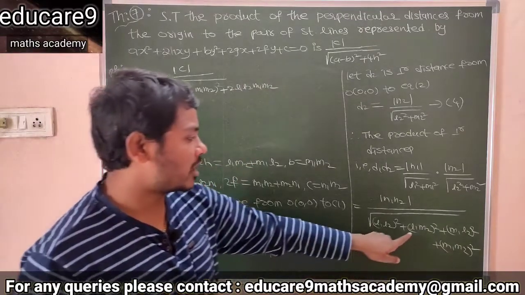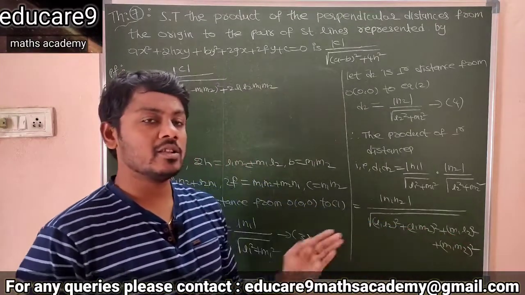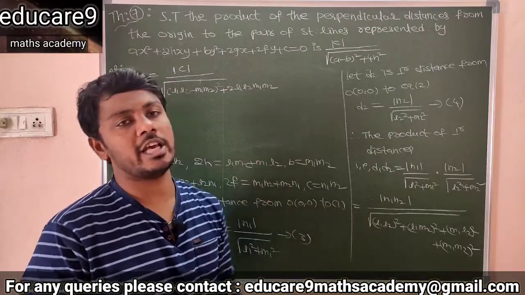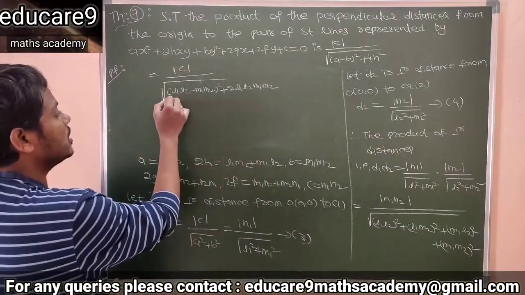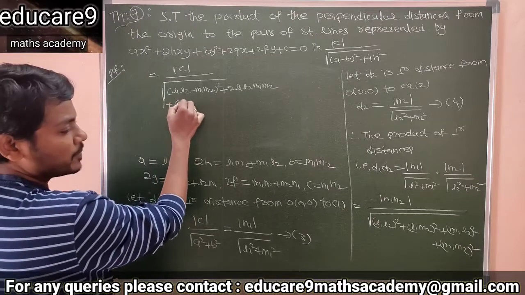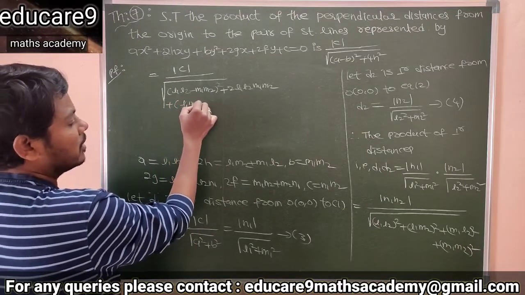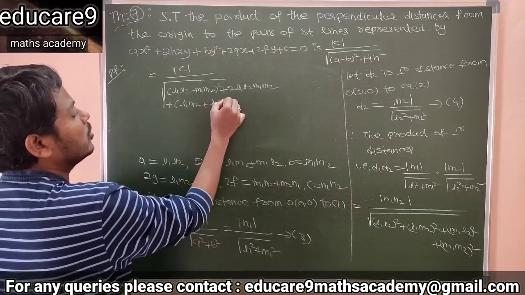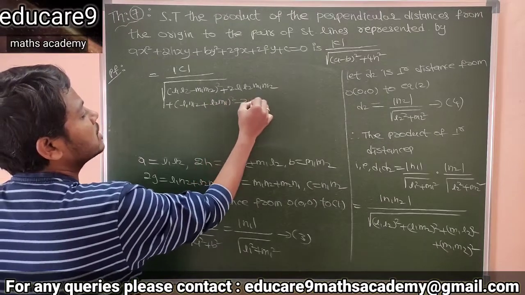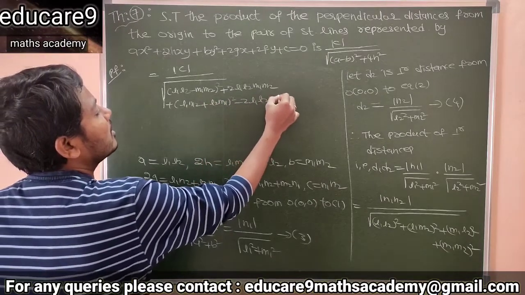Next for the second and third term, a² + b² can be written as (a + b)² − 2ab, that is (L1M2 + L2M1)² − 2L1L2M1M2.